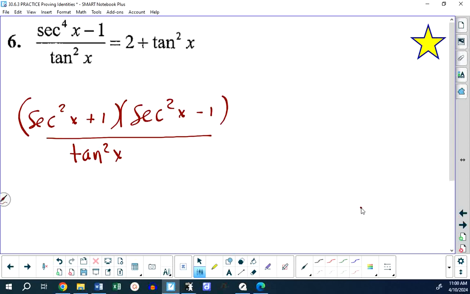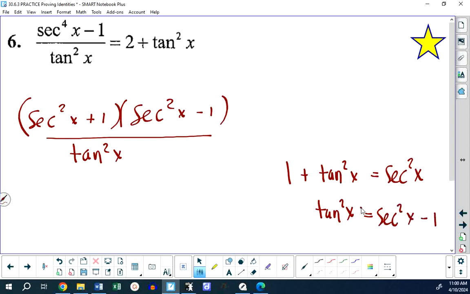So if 1 plus tan squared is equal to secant squared of x, and Cyrus, you're the one who kind of looks at this differently from time to time. I think it's been 3 times you've said, well, can I put this in instead? What we can do is recognize that tan squared of x, which is on the bottom of that left-hand side, is secant squared of x minus 1.